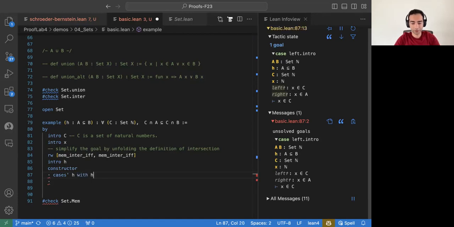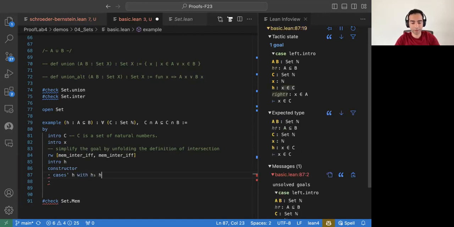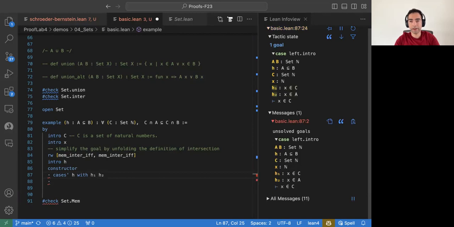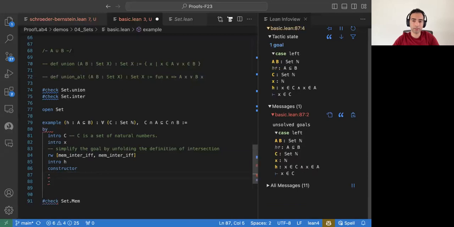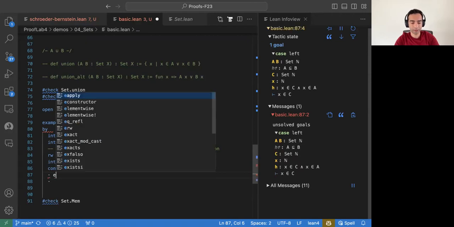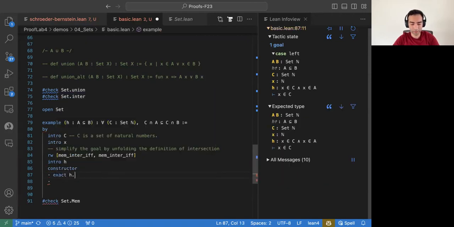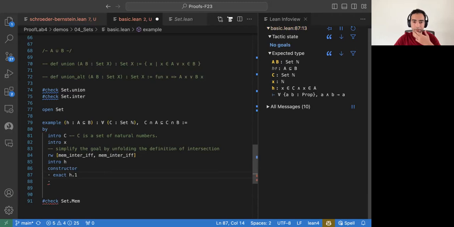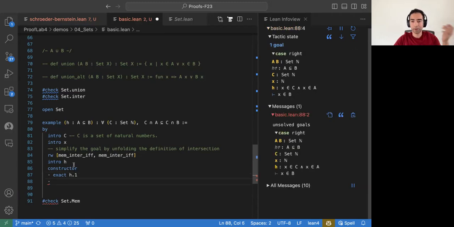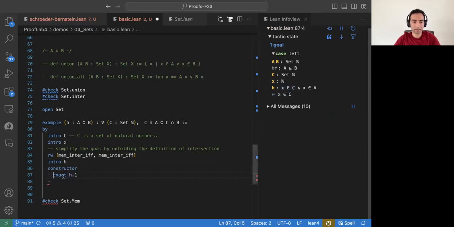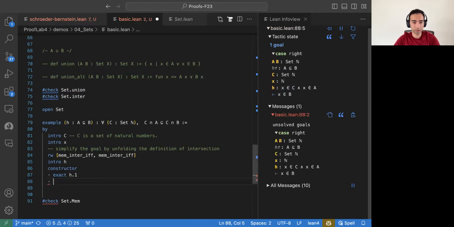I mean, with H, perhaps you wanted to do with H1 and H2 or something. Yeah. And now you can just copy H1, right? Or simply, you can also use this dot left notation, .1. So you can just write exact H.1. That would also do it for you. Because you just want to say, X in C, and H already has that. And here, exact H.2 would close the goal.